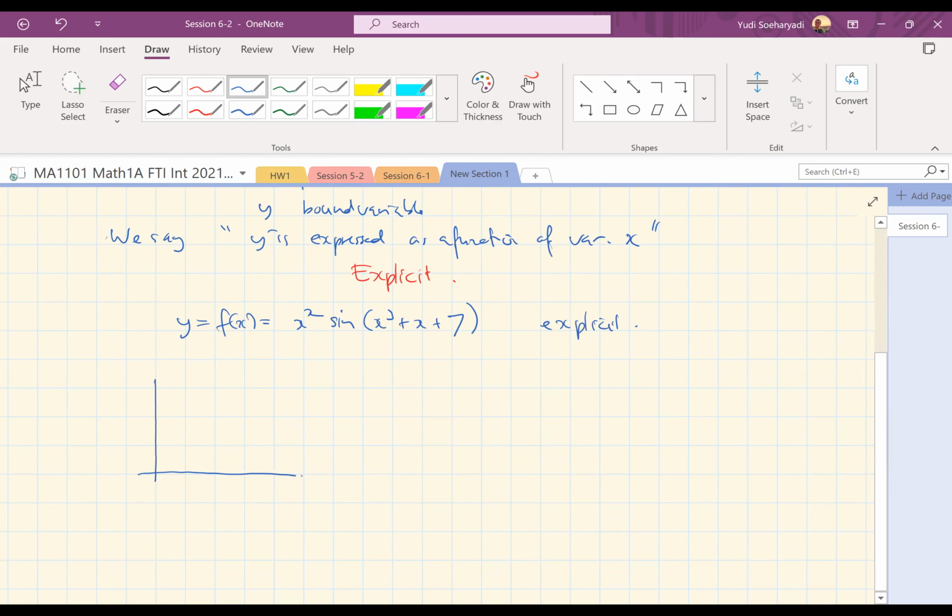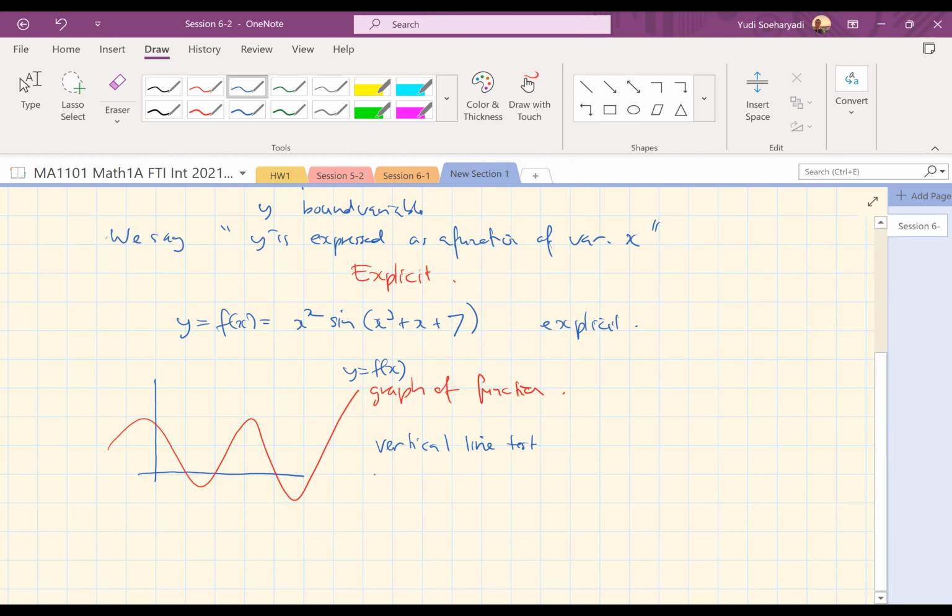Then we have a graph of functions. In a graph of functions, you have a vertical line test. What is the vertical line test?